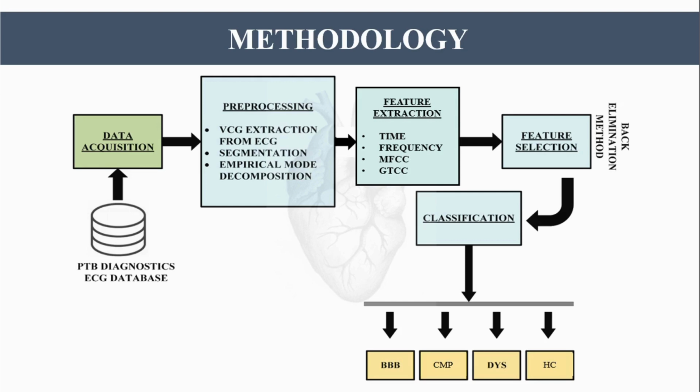The next step involves the pre-processing of ECG signals. The three sub-steps include VCG extraction, segmentation, and application of empirical mode decomposition, followed by feature extraction and later selecting features. And the last step is classification.